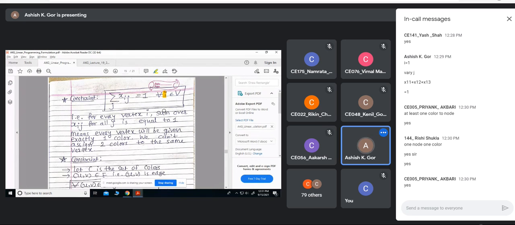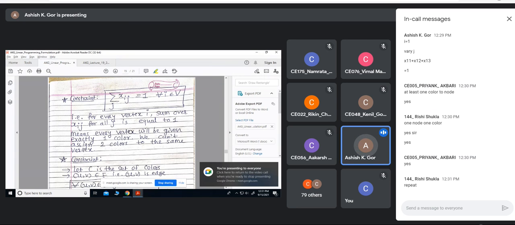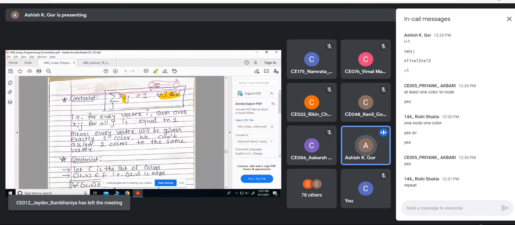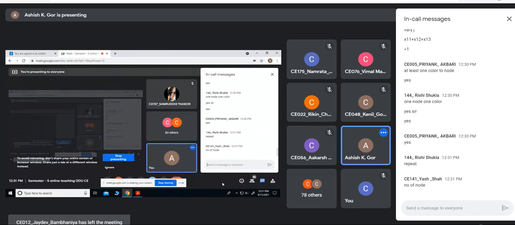So if you have 1,000 vertices in your graph, how many such constraints will be there? We have seen this for i equal to 1. Similarly, how many constraints will be there of this type? Getting the question? I wrote in the chat box that for i equal to 1, this should be there for every i belongs to V. That means I'm asking the number of nodes.